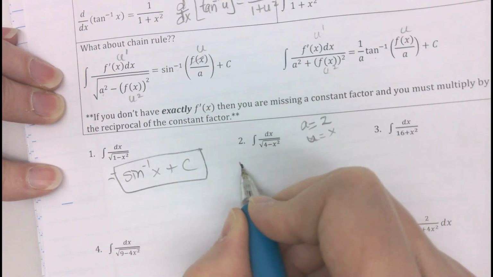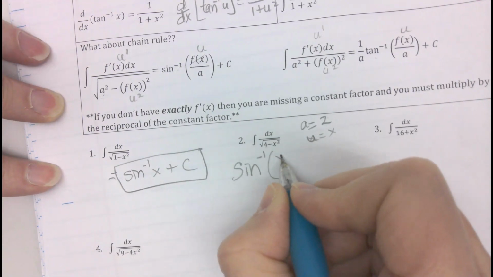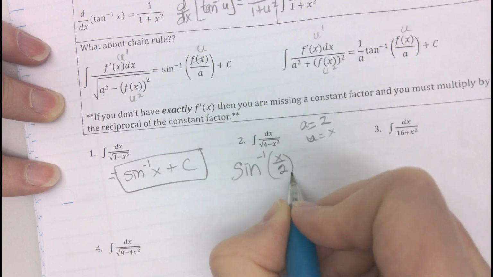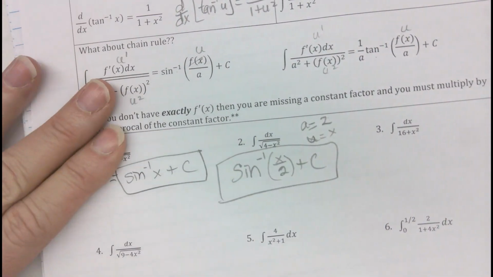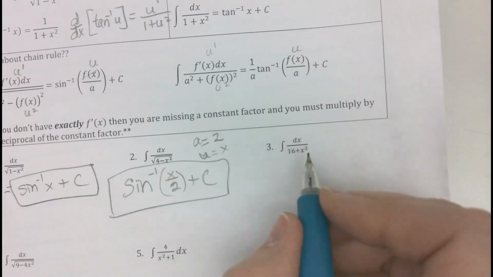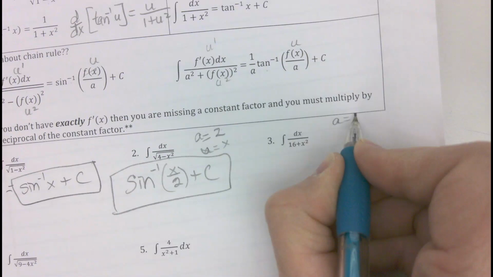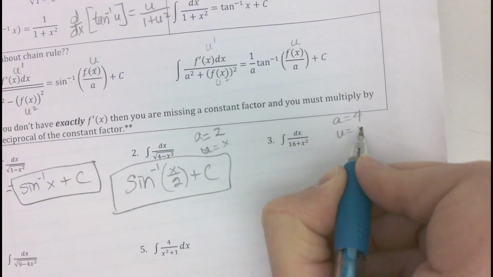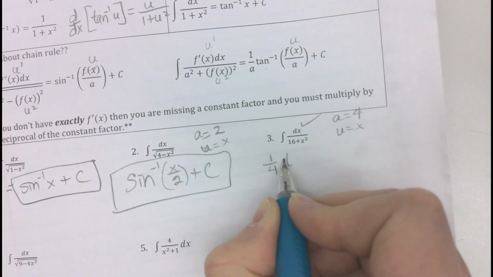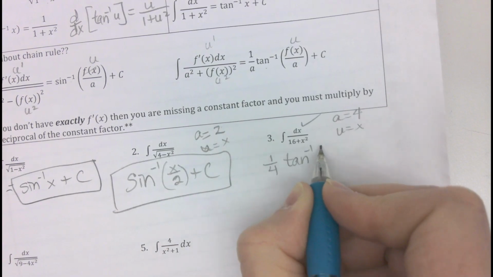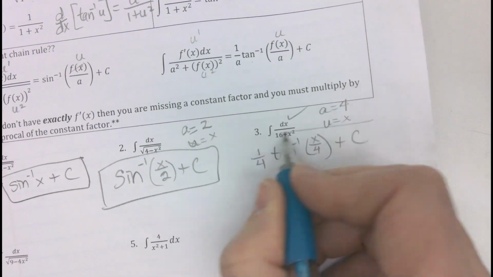But arc sine does not have 1 over a. It's u over a. Arc sine u over a. This one, classic arc what? Arc tangent. What's our a? 4. What's our u? x. So du is complete. 1/4 arc tangent of u over 4, right? Plus c.